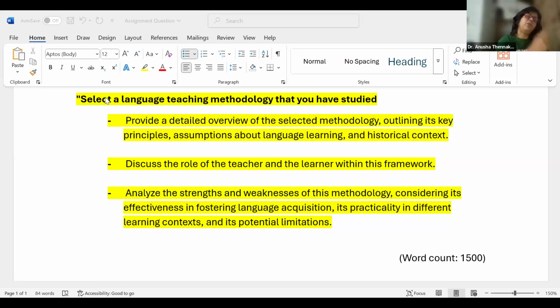So then if you take audio-lingual method, overview of the selected methodology, key principles, and it's basically based on drilling, repetition, and audio-lingual method is okay for primary kids, and you have to write the advantages and disadvantages. Strengths and weaknesses also you have to write, so then you can think about this.